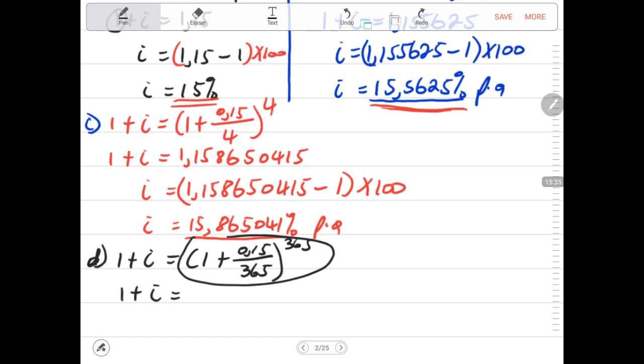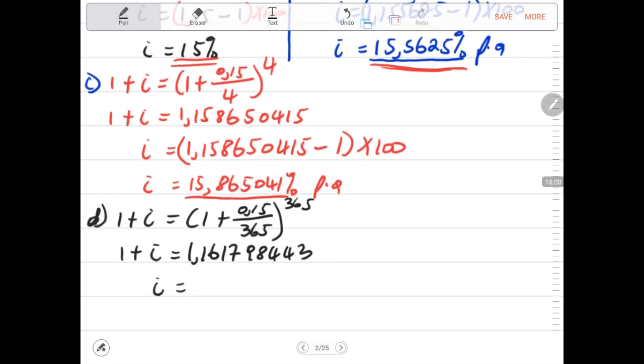Remember, when I'm saying dip, I am in other words saying to the power of 365. Then the answer that I get in my calculator is 1.16117984984.43.